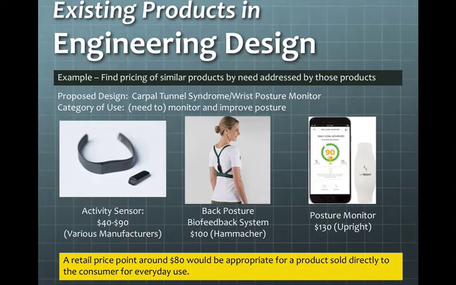This survey of devices identifies a ballpark for a consumer posture monitoring device between $40 and $130, with a price point of $80 seeming reasonable for a device sold directly to the consumer rather than going through medical practice and the healthcare system.